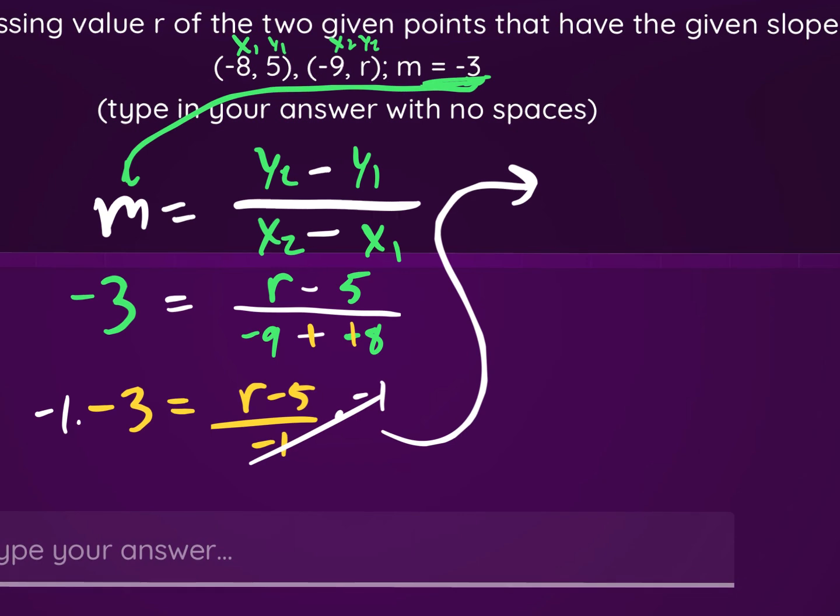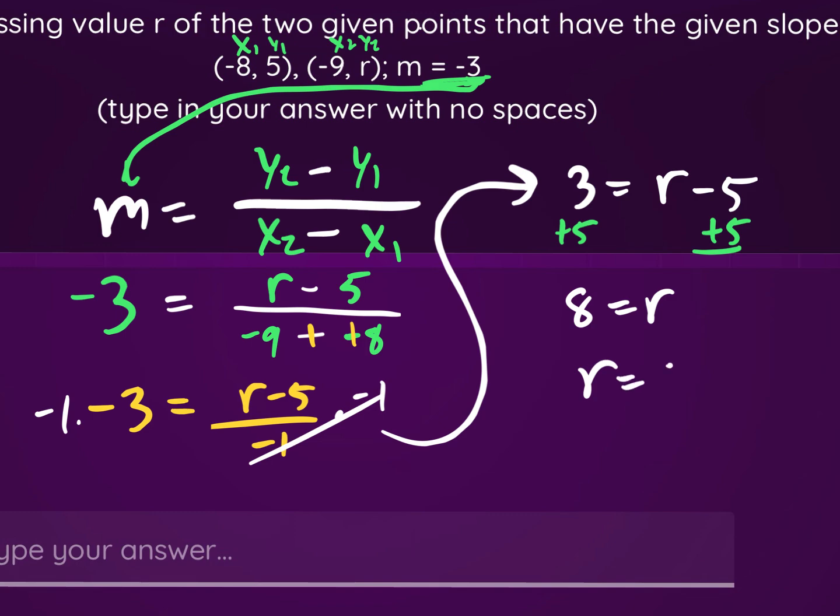That new equation is going to be -3 equals, oh wait, I'm sorry, +3 equals r minus 5. And then from there, we need to get rid of that -5 by doing +5, +5. So there you have your final answer. 8 equals r, r equals 8.